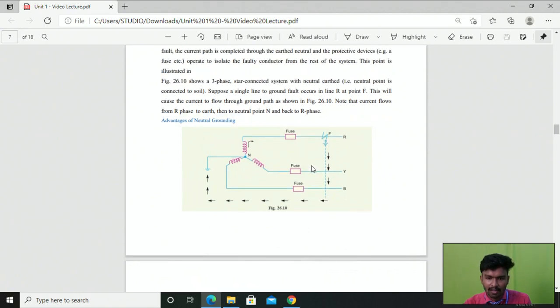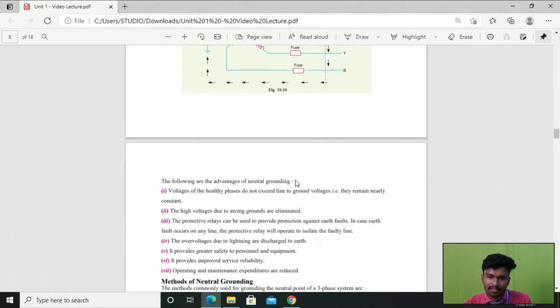This will cause the current to flow through the ground path as shown in this diagram. Note that the current from phase R goes to the earth, which is again diverted to the neutral point N, and then comes back to R, right? If you allow this, it will cause damage to the equipment present in your power system.